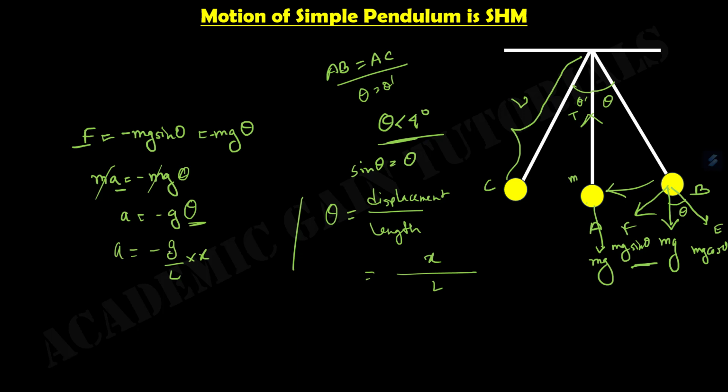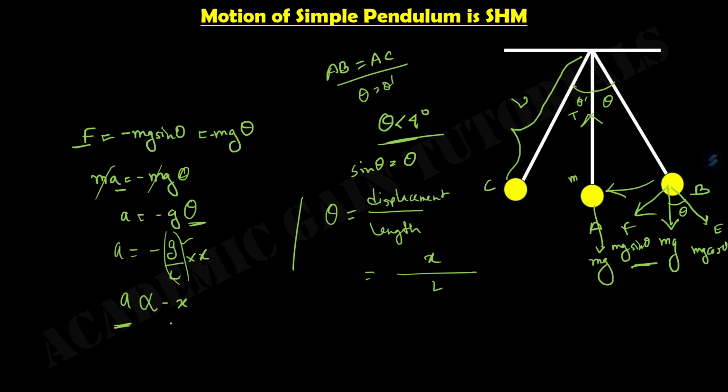As this gravitational acceleration and this effective length are always constant for this bob, I can think of this as a constant value. So I find that a is proportional to minus x.